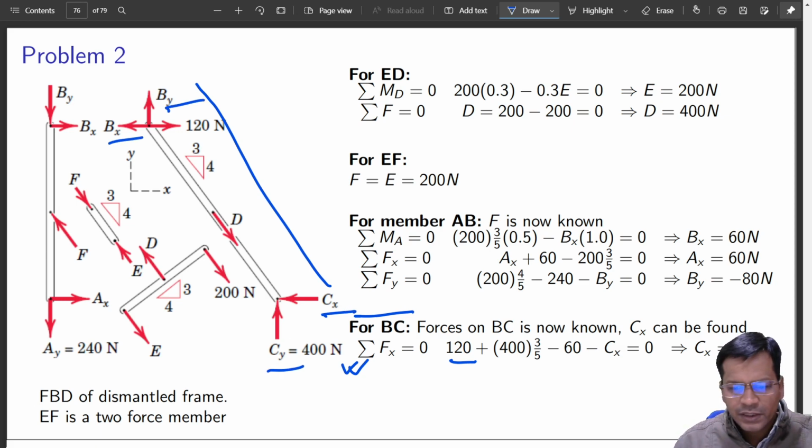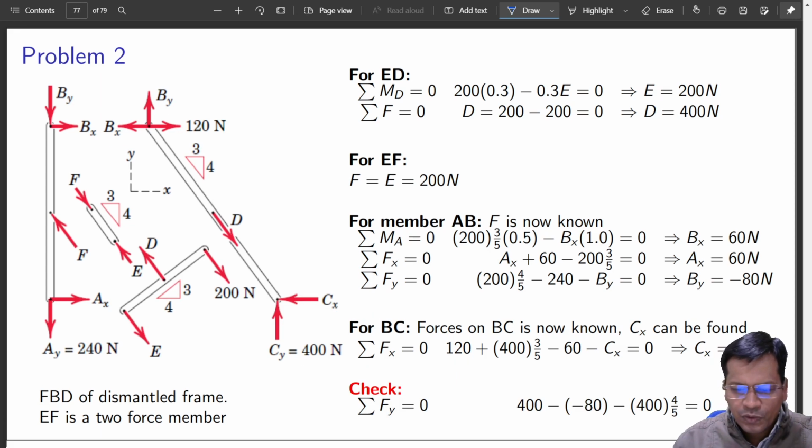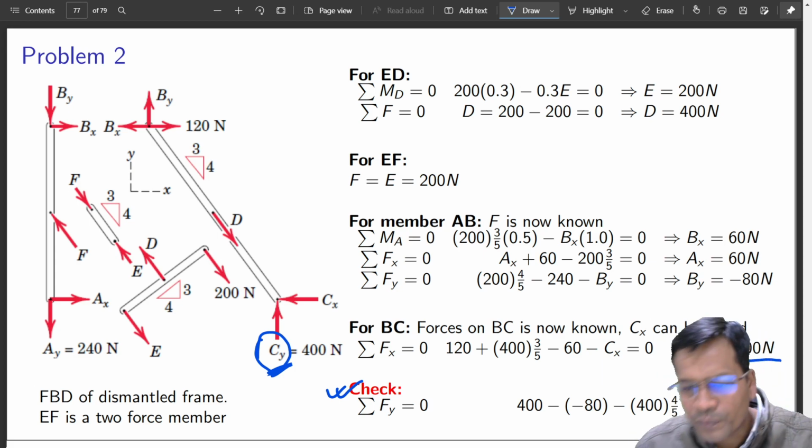That is the reason it is taken. A cross check could be a force balance along the vertical direction. This is just a cross check, now that you have obtained all the values. So this is how you have to proceed.